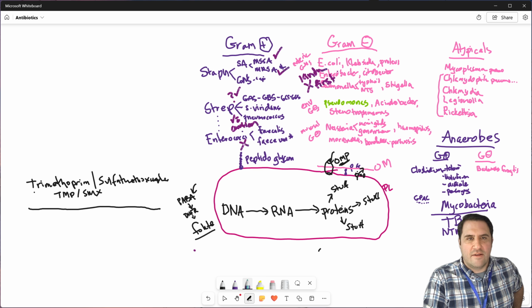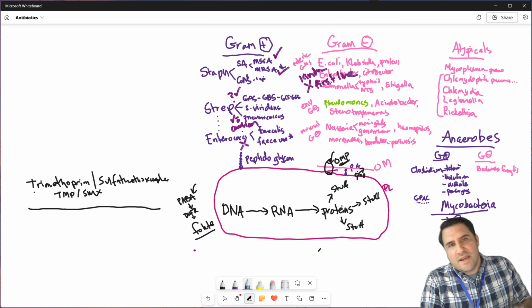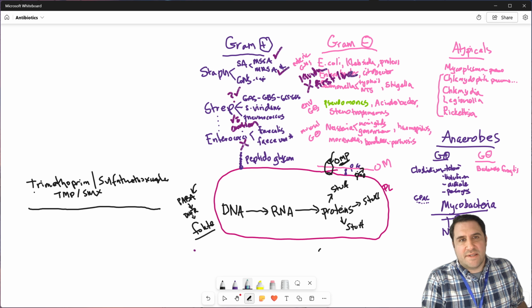So if you have somebody coming in with a septic UTI, do not start them on trimethoprim sulfa. That being said, in many cases, 60 to 70% of the time, E. coli, Klebsiella, and you again look at your antibiogram, you will see quite a bit of susceptibility.